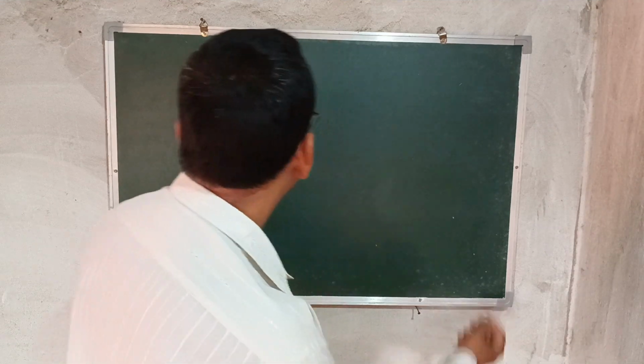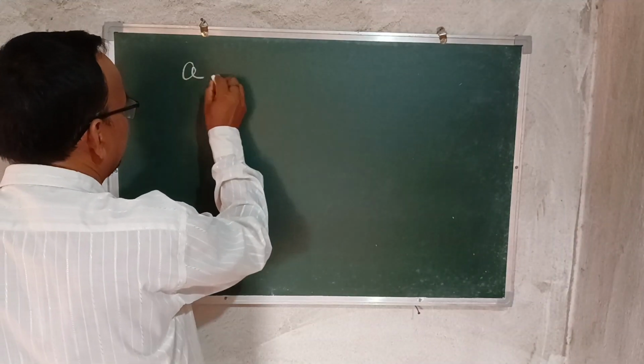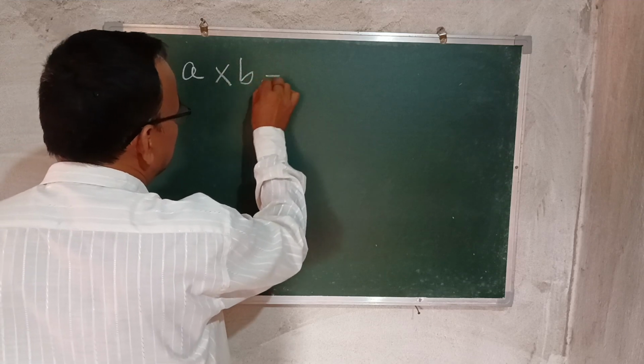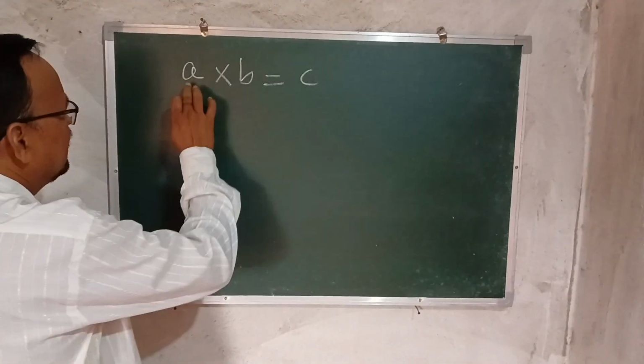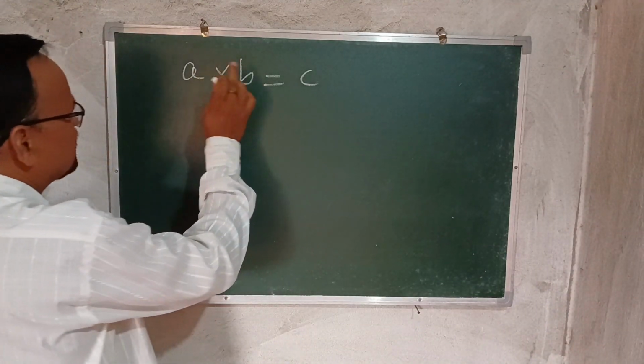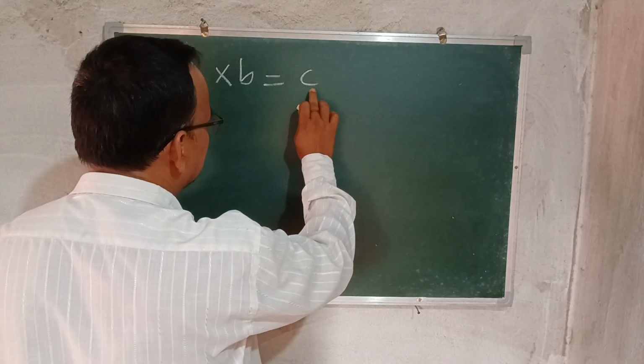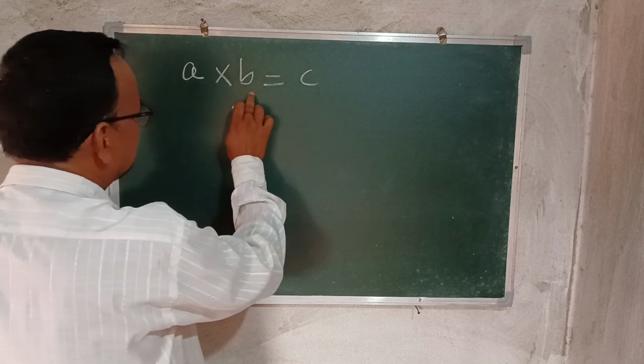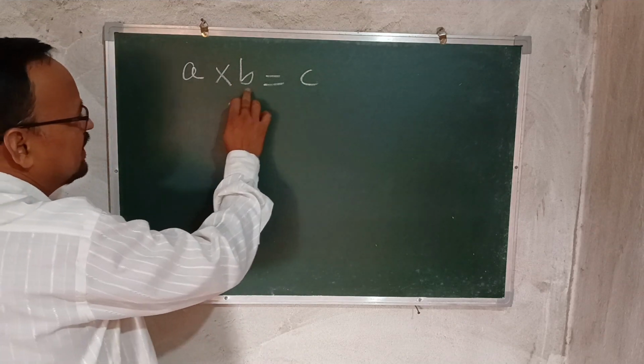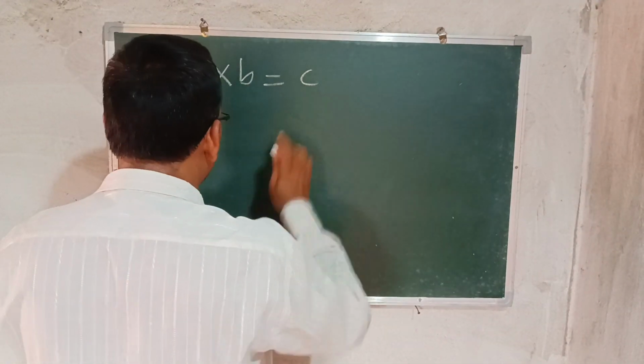How? Suppose A into B is equal to C, where A is an integer, B is an integer, and C is the product of the two integers.